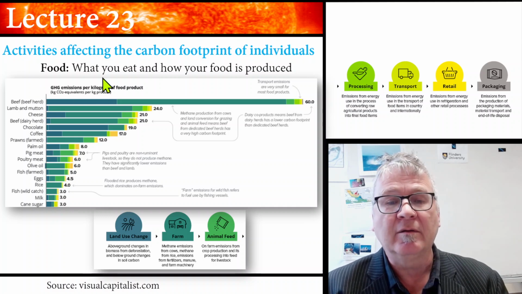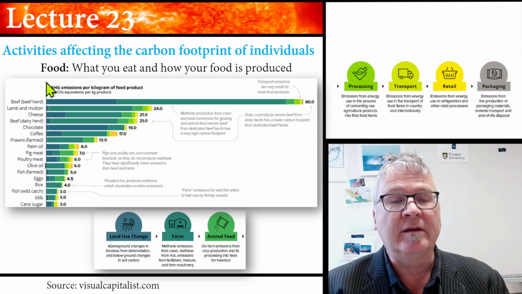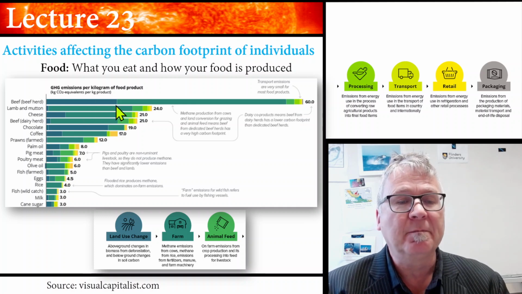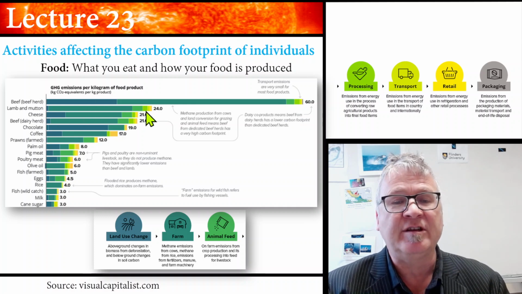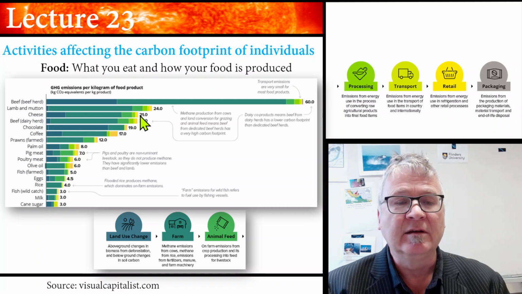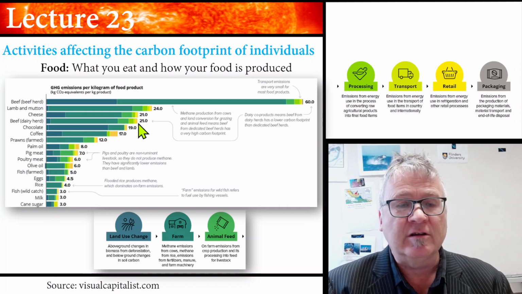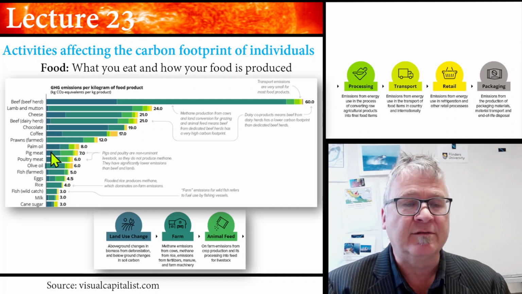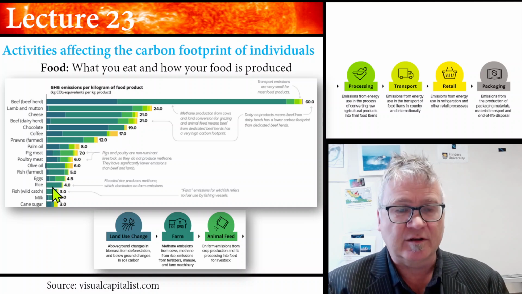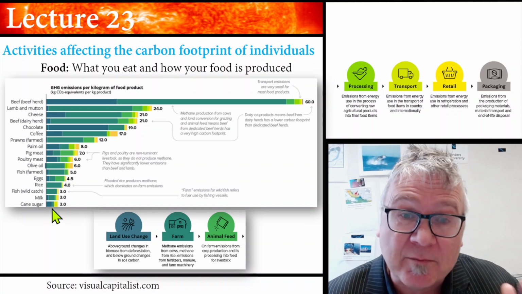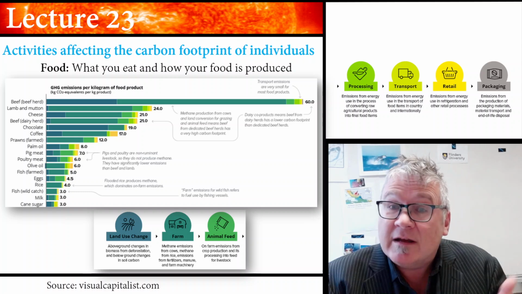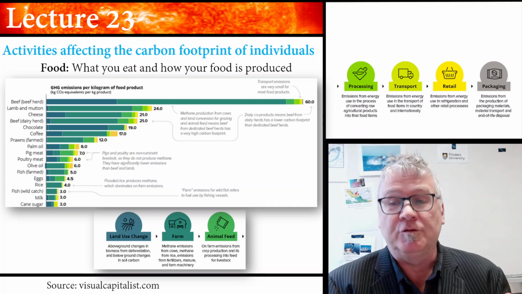2.5 times more than lamb. And you can see cheese production is high up there. And chocolate, coffee, prawns, and then you get to some other products. And this is how you can compare different types of food.